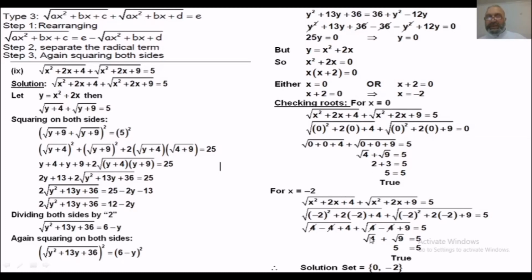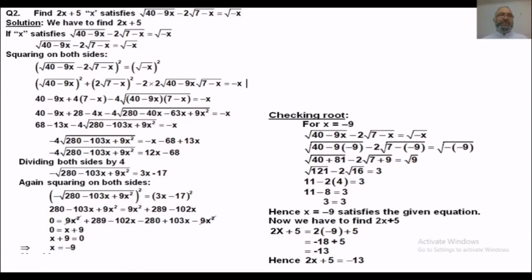Simplifying these terms, we get 5 is equal to 5, true. So this equation has the solution set 0 and minus 2. Both the roots satisfy the given equation, therefore both are roots of the given radical equation, and there is no extraneous root.